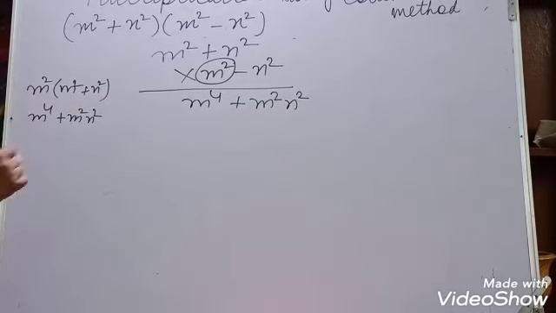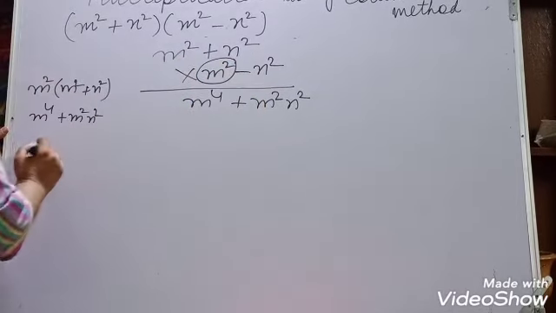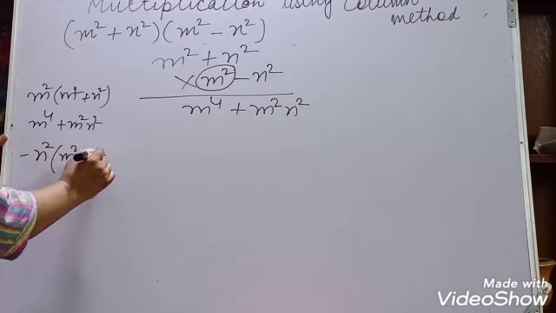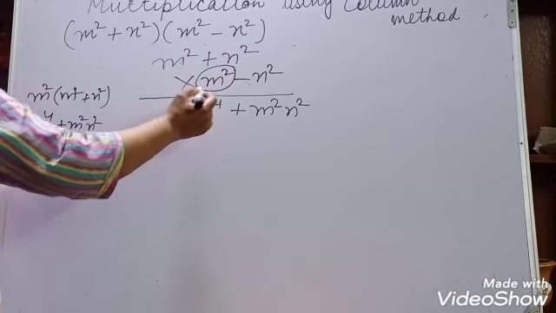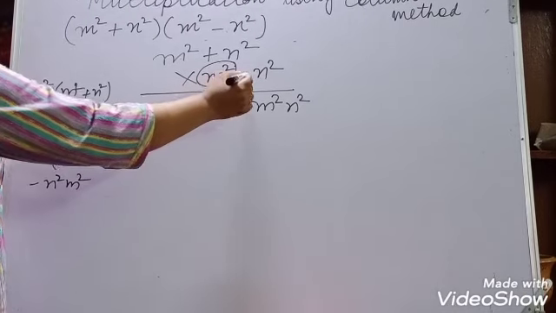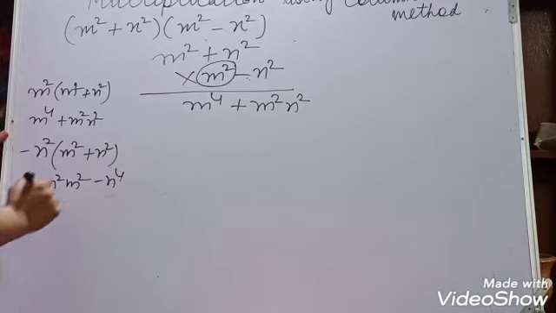Then taking out the second term minus n square, now write minus n square into m square plus n square. But what will be the answer? Minus n square into m square will be minus n square m square, and minus n square into plus n square will become minus n raised to power 4.